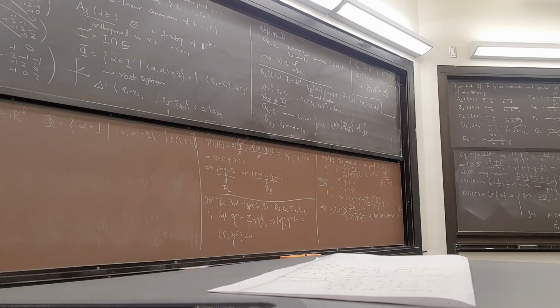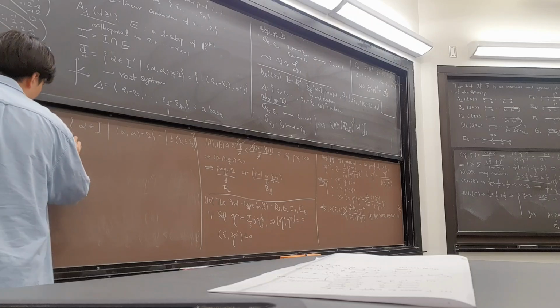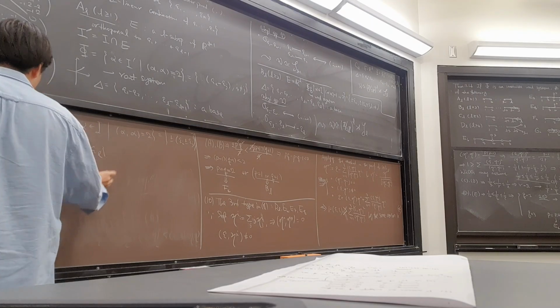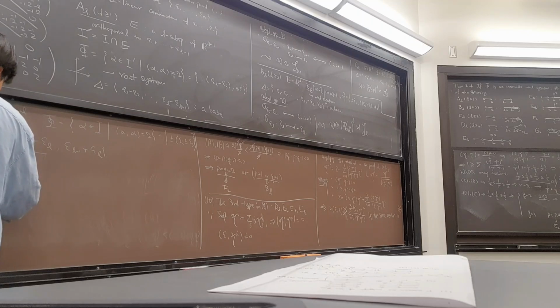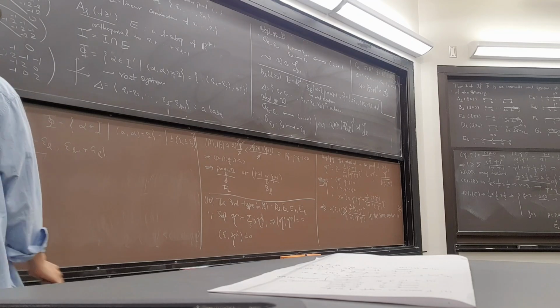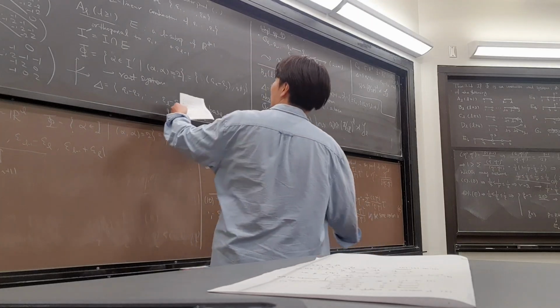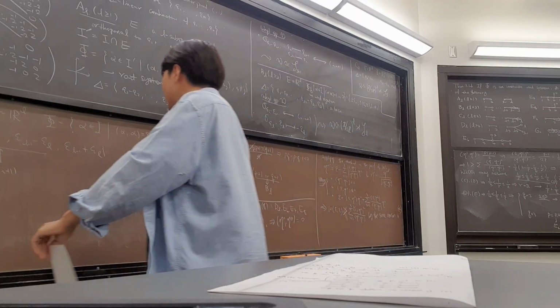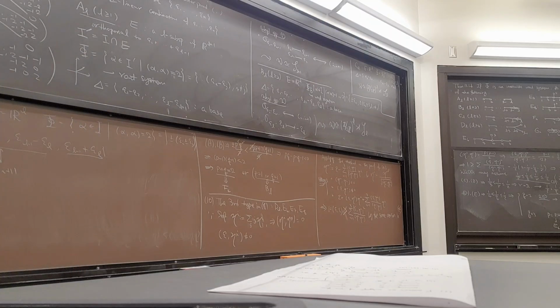And Delta can be defined as epsilon_1 minus epsilon_2 up to epsilon_{l-1} minus epsilon_l and epsilon_{l-1} plus epsilon_l. We already know the first ones correspond to transpositions, right? Yes, these are transpositions. Okay, we just need to check this last one.